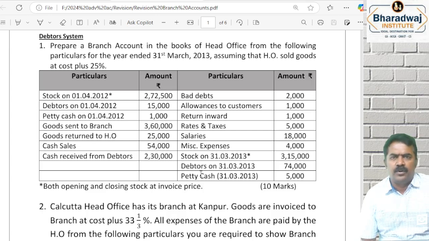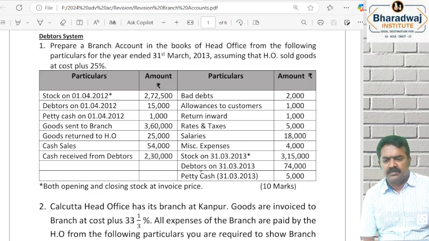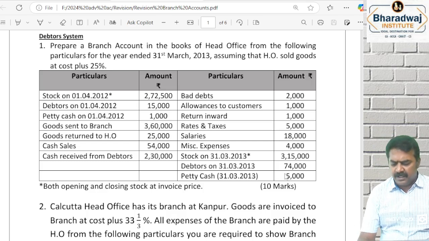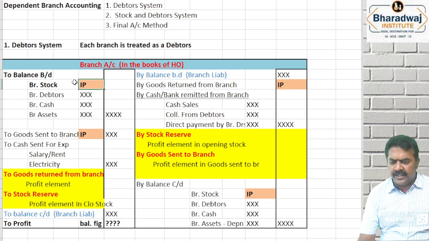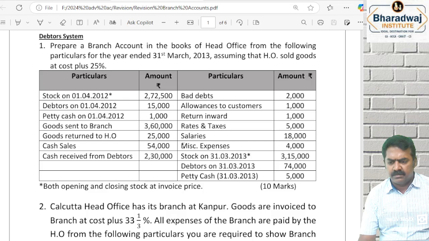Anything has to be found out, any missing figure is there, or directly we can start with the branch account. For preparing the branch account, this is the required data. Any data is missing, or we can directly start with accounts.